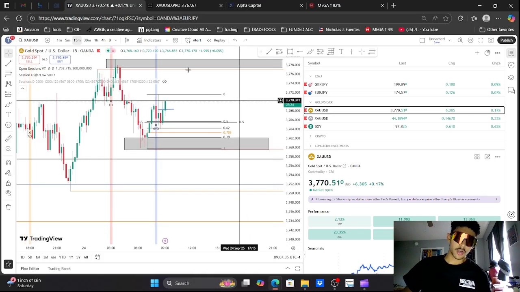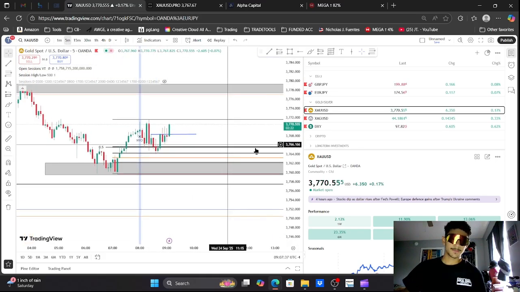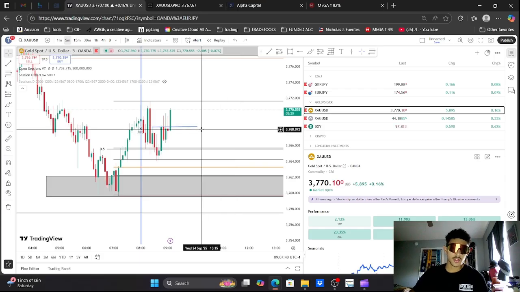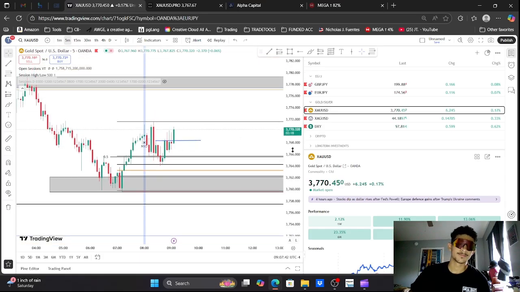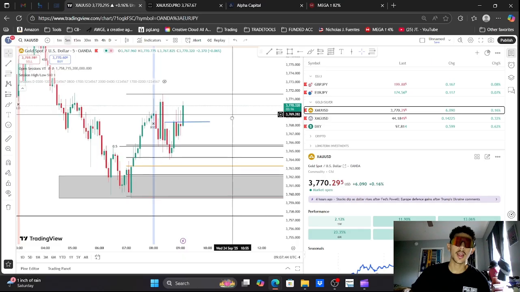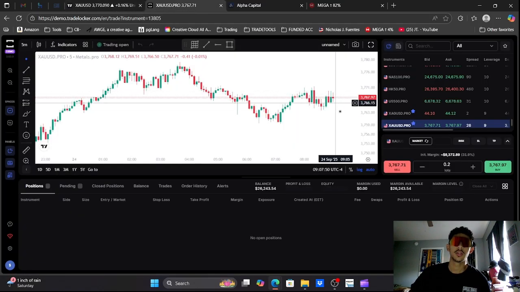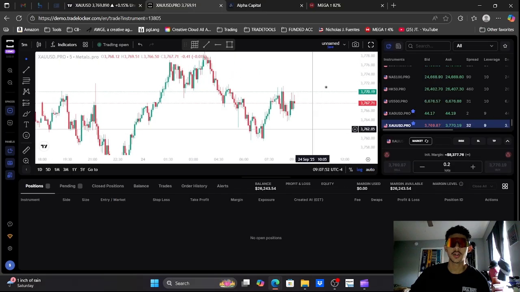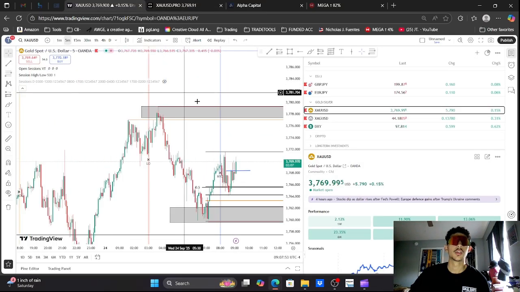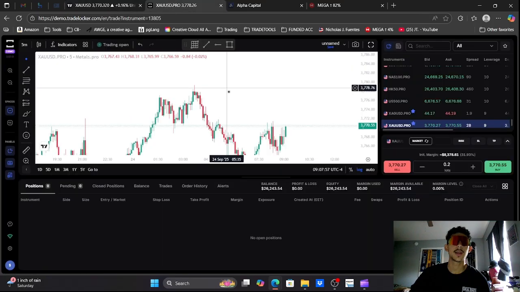So far on gold, we are breaking 15-minute, or we're breaking 5-minute structure. I would like to enter long, or we could potentially enter long here, till we have the top of these highs right here.